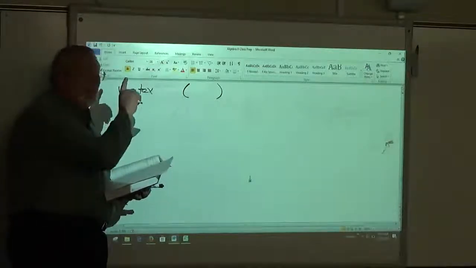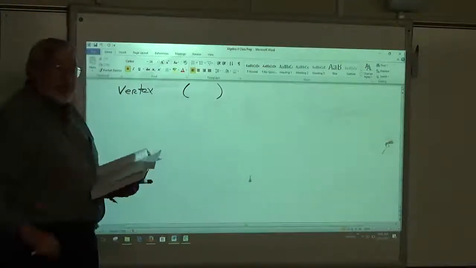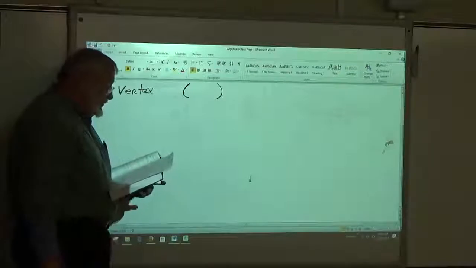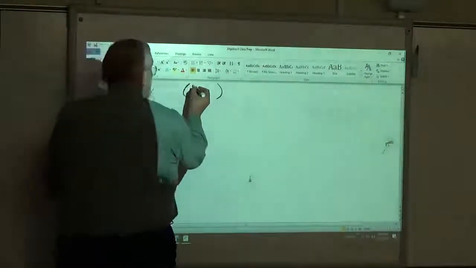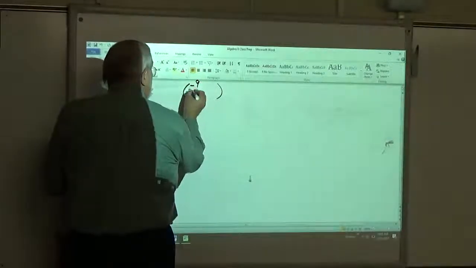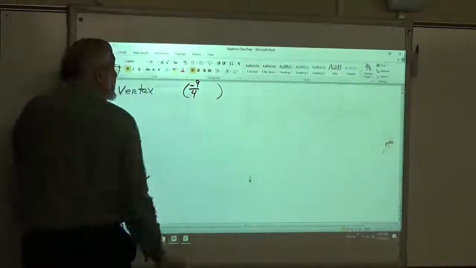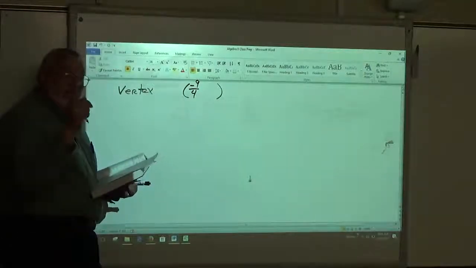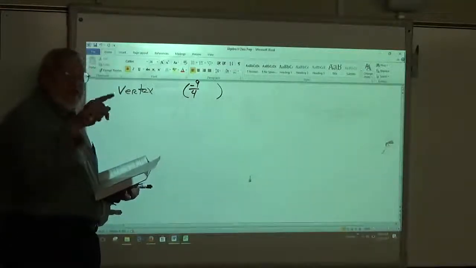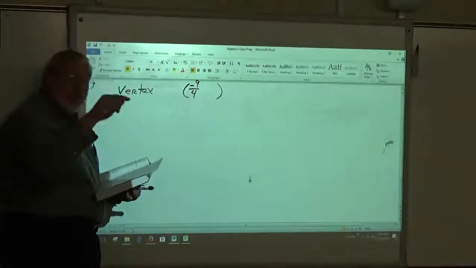So what will the x value of the vertex be? It's going to be negative b over 2a. So what will that be in this problem? It's going to be negative 9 over 4, isn't it? Negative b, which is negative 9, over 2 times 2.